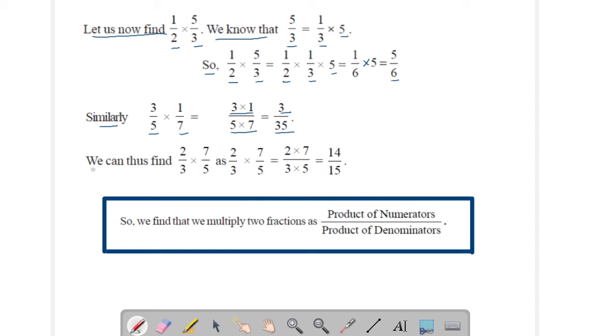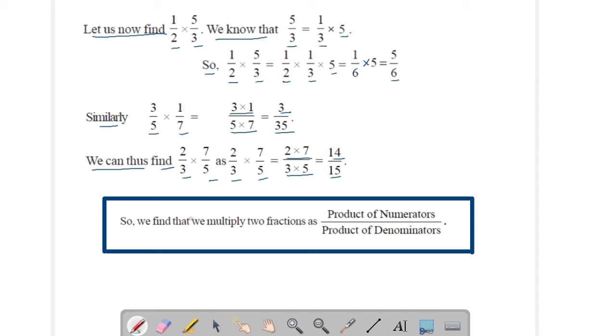So we can thus find 2 upon 3 into 7 upon 5 by multiplying numerator by numerator, that is 2 into 7 upon 3 into 5. 2 sevens are 14 upon 3 into 5, 15. Your answer will be 14 upon 15.